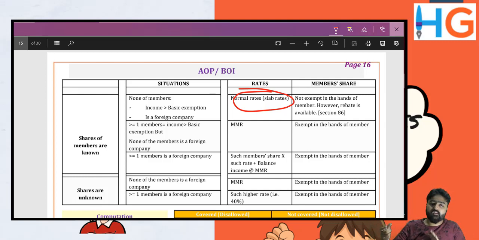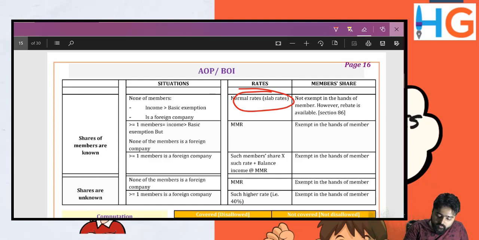For example, the AOP has income of 5 lakh and you have income of 2.5 lakh. The Act says, sure, the AOP will be taxable at normal rates, but your share in the AOP will not be exempt. Okay, so here the Income Tax Act says the benefit that you are trying to claim will not be available.